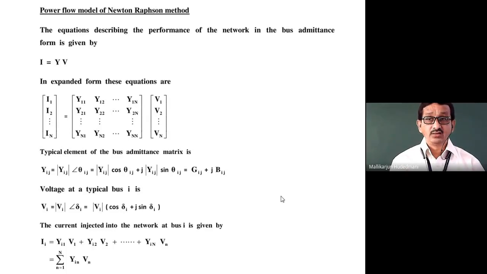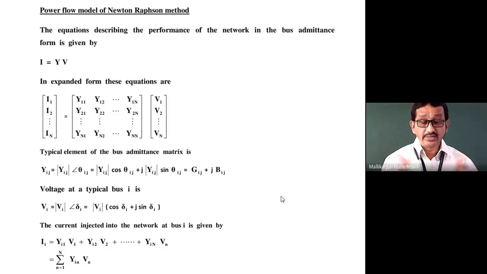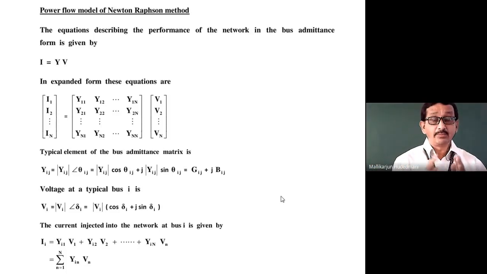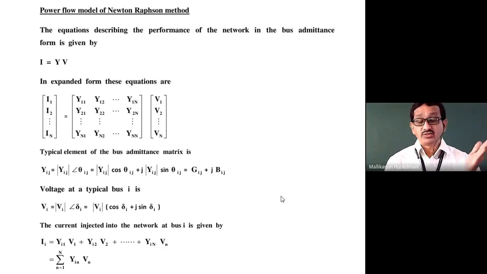Then that admittance notation is taken and combined into a representation called the system admittance bus matrix, where it will possess diagonal elements and off-diagonal elements.